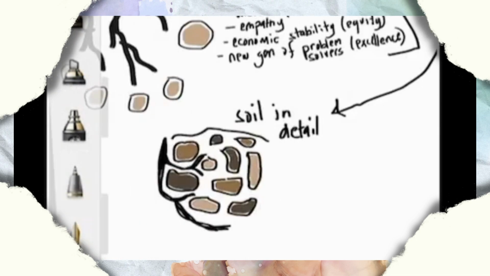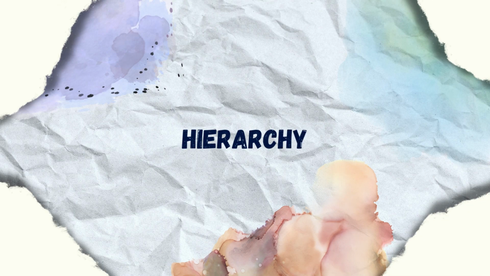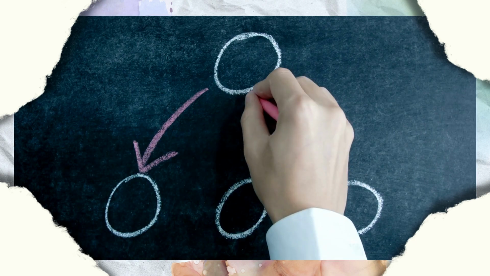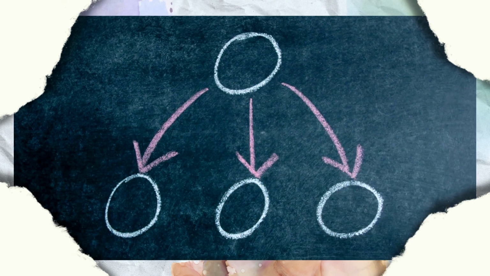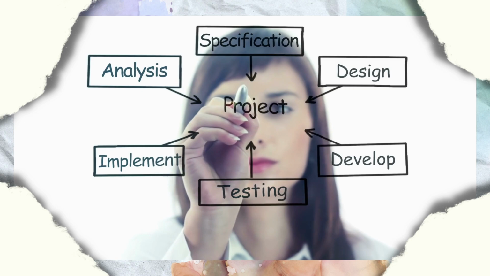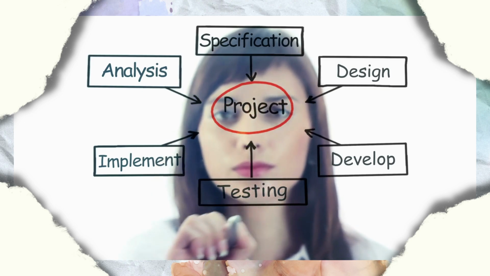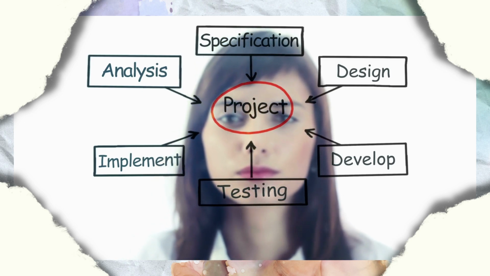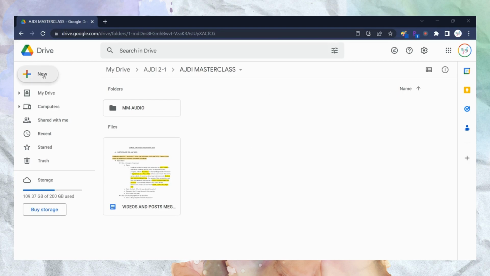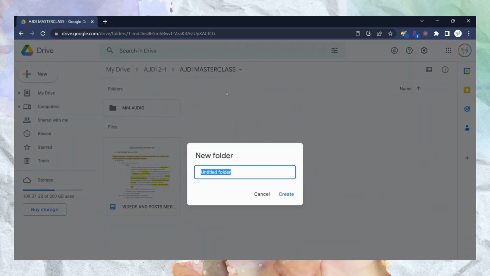Let's first talk about hierarchy. Same idea as any graphic organizer, where you start with the main idea or goal, and then branch out with main categories and then the details. For art projects, I suggest starting with creating a project folder.